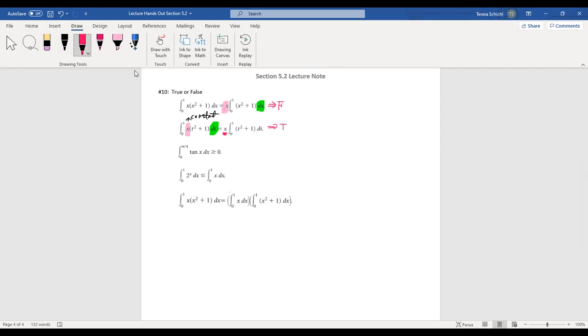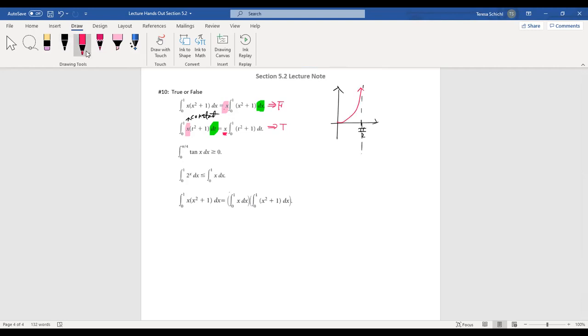This one is the integral from 0 to pi over 4 of tangent x, greater than 0. This is true or false? Well, I don't know any integration skill yet, but let's take a look at the concept. This is pi over 2, right? Okay, so I know my tangent graph is like this, correct?